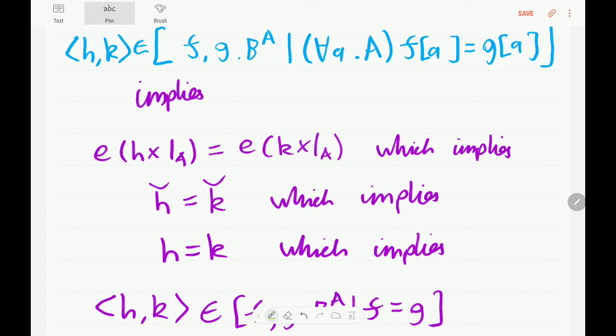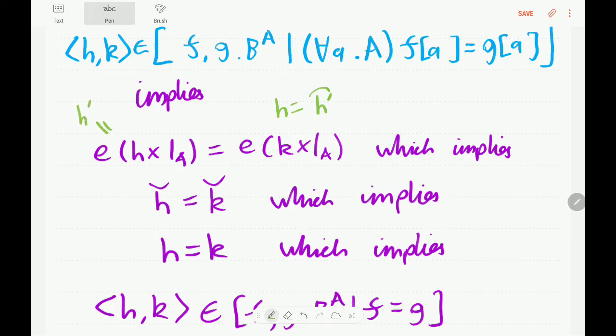But notice that this is really what I like to call the anti-transpose, but you know what I'm saying. If we wrote that h is equal to h dash transpose, then this expression here would just be h dash.